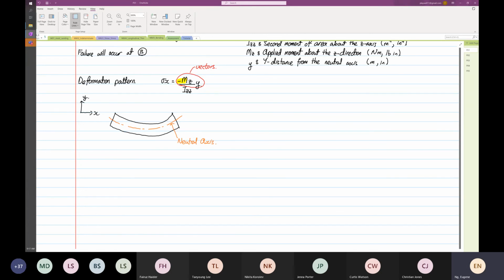So based on what I've just drawn, let me tell you what this neutral axis is. So at the neutral axis, the normal stress, or the stress X, the stress in the x direction, will be equal to 0.